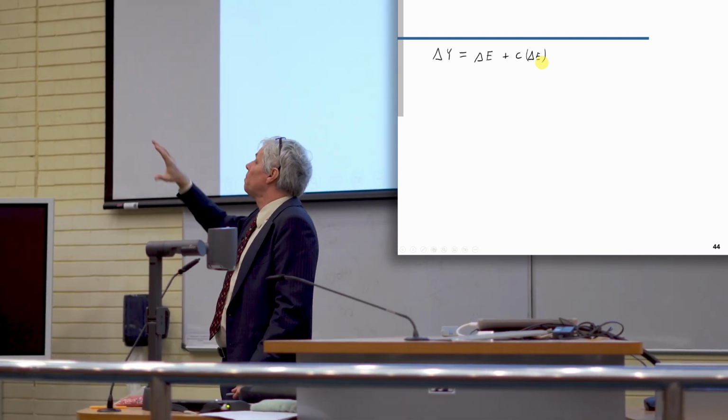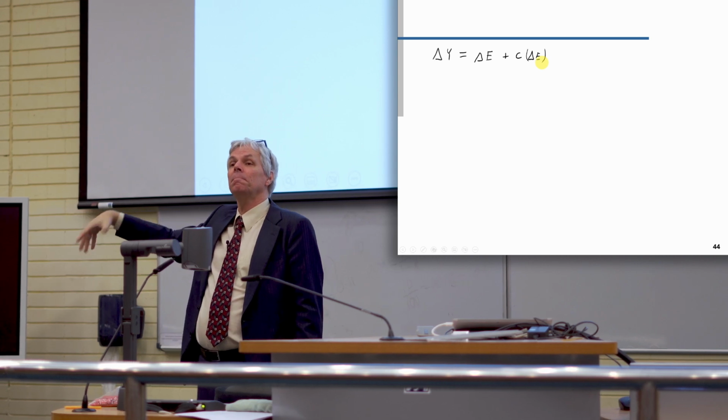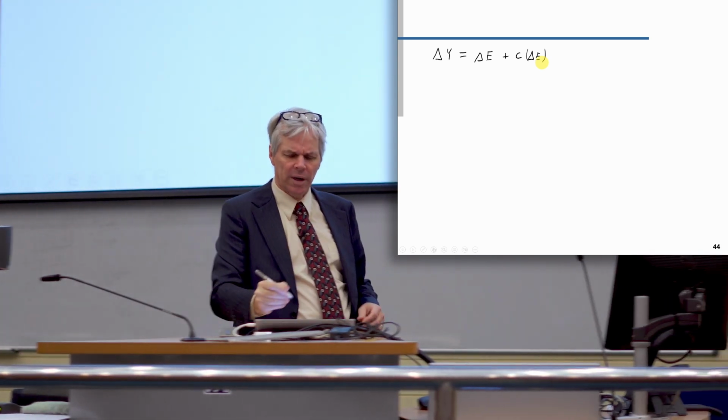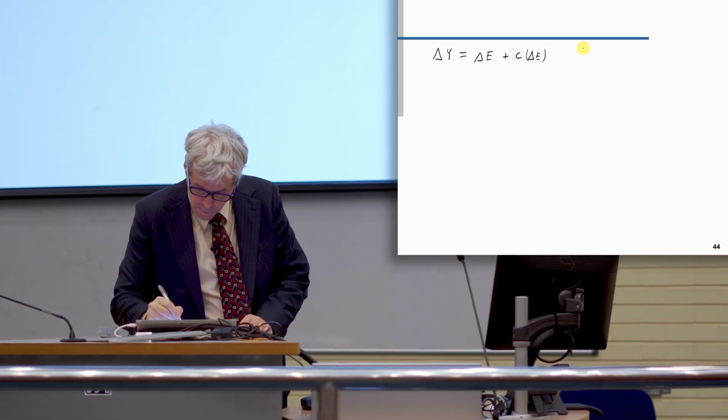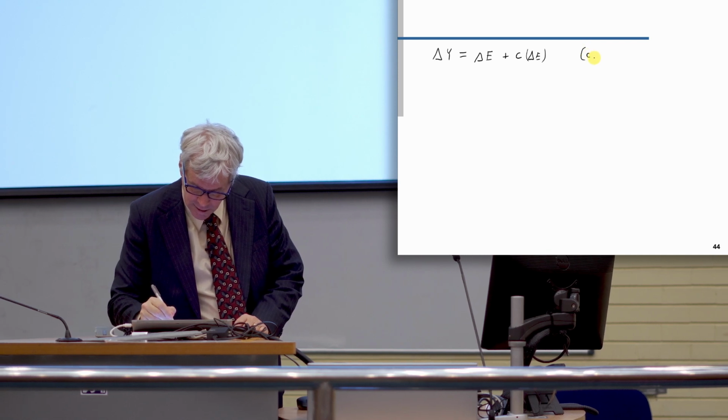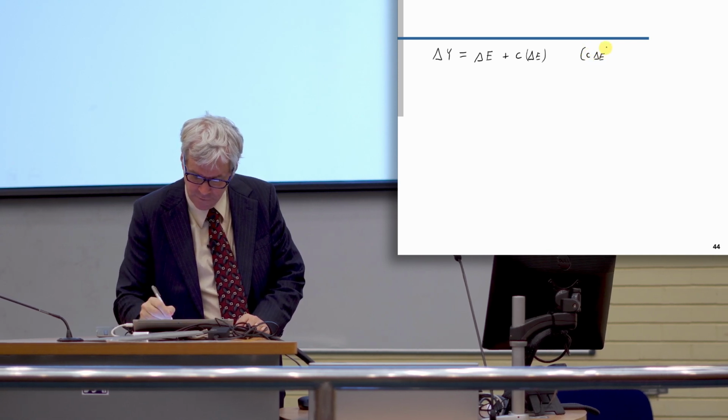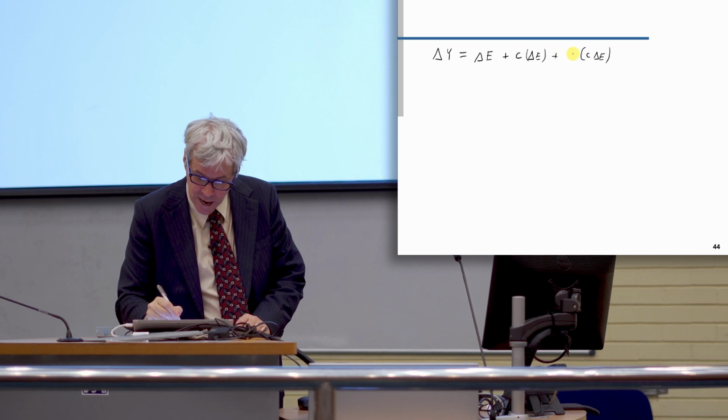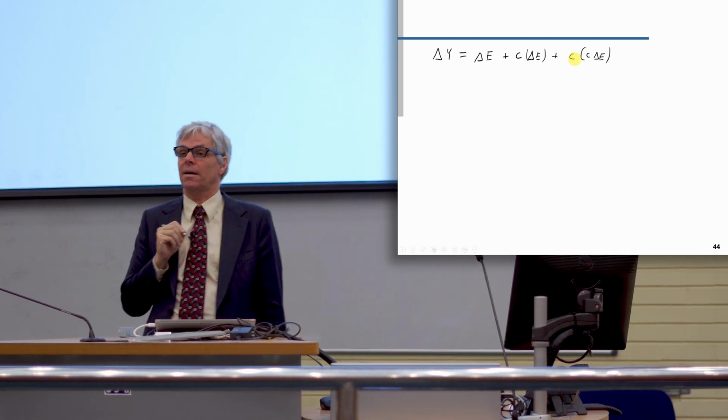And then, of course, now he's buying more haircuts, this C times delta E. And so that next barber down the line, he feels richer as well. Right? So he feels richer by C times delta E. That's the amount richer he feels. And so he changes his behavior by C times that.